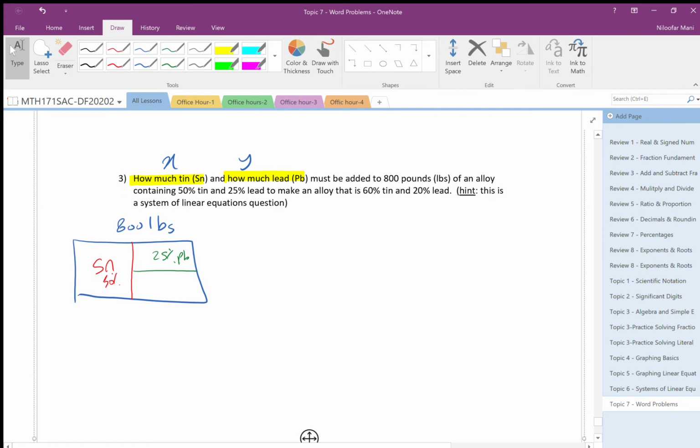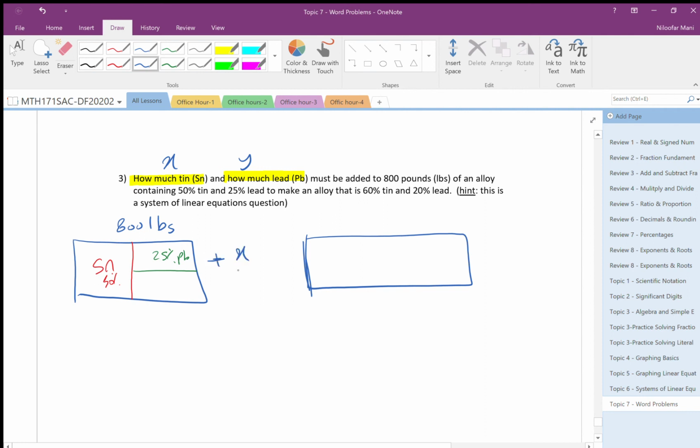Then I go to the next part, which is bigger, and it will be plus x and plus y. When I add that, what happened to the weight? The weight is 800 plus x plus y. So I make a diagram and visualize it, and then I know what's going on. It says how much Sn and how much Pb, so that's x and y.